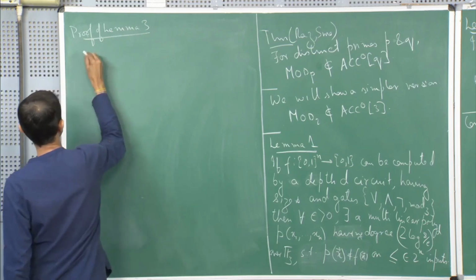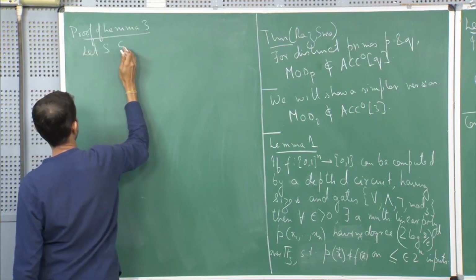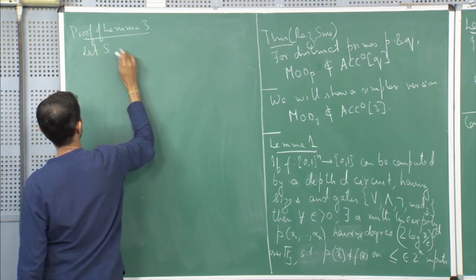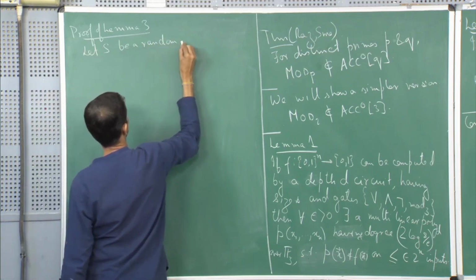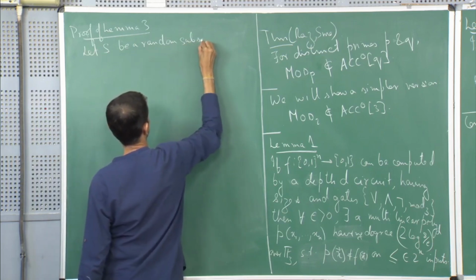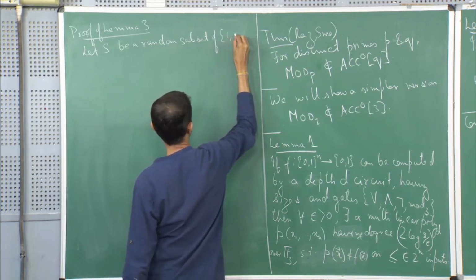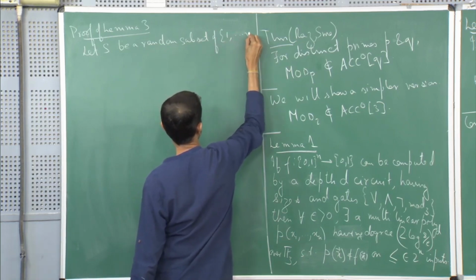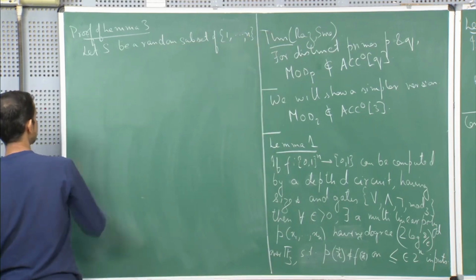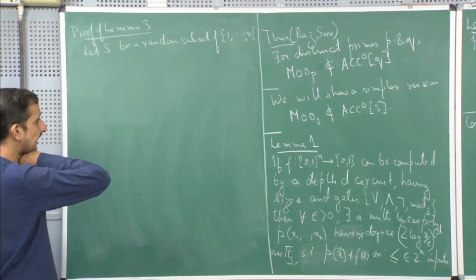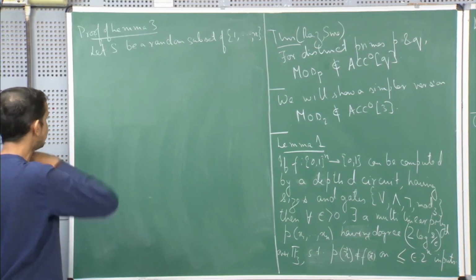Okay. So, let S be a random subset of the indices. Okay, so let S be this, and I want to show the following.